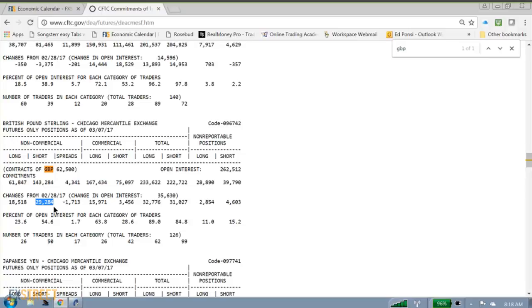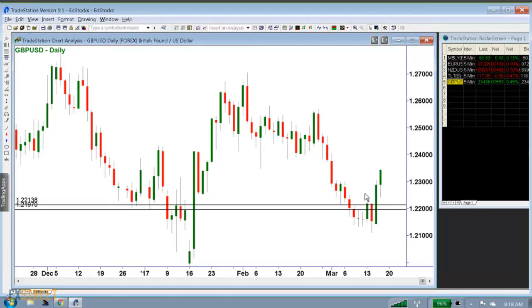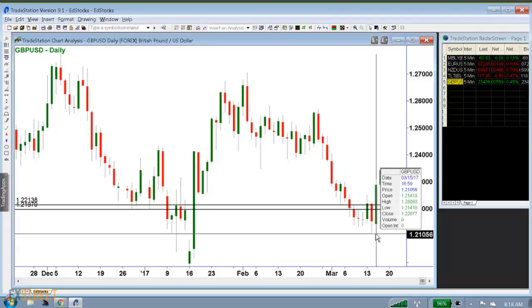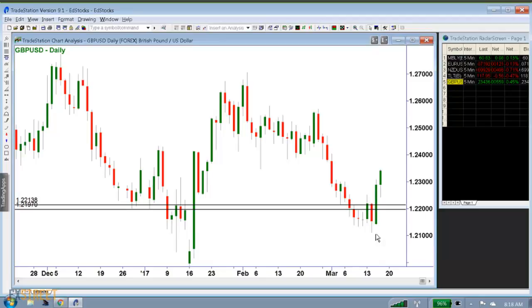Boy, are they mistaken, right? Look at the chart. Easy. Less than 48 hours ago, we were at 121.40. This has gone up 200 pips in less than 2 days. Nothing easy about it.